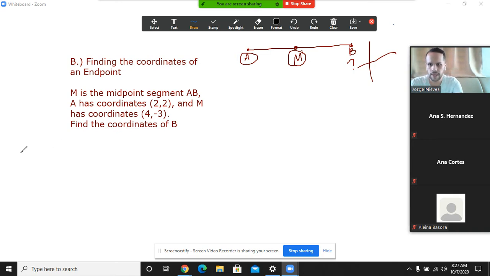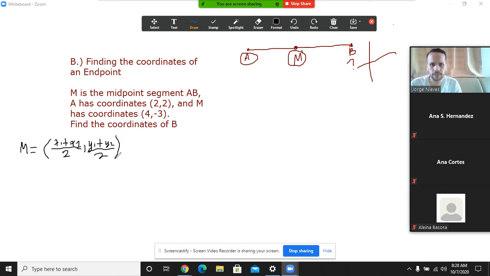What's this? M, we just saw it. M is equal to X... we just saw it, I'll write it again just in case. M is equal to X1 plus X2 divided by 2, and on the other side it's going to be y1 plus y2 divided by 2. Okay.